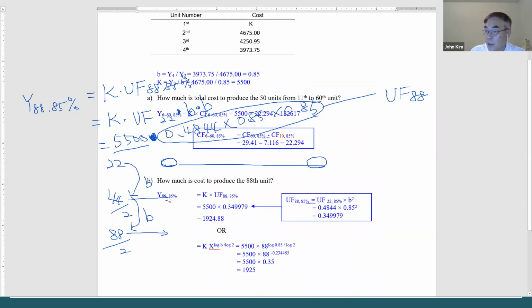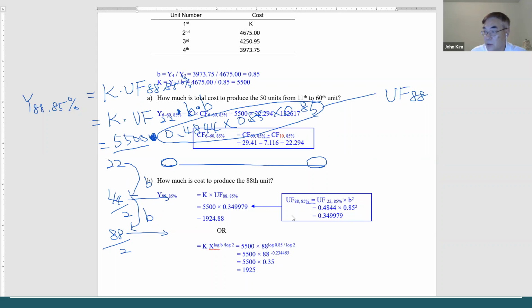Y 88, 85%, K times unit factor 88. Unit factor 88 we cannot find. So divided by 2, 44. Still cannot find it. Divided by 2, 22 we can find. The 22 is 0.4844 times 0.85 once and twice. So 0.85 squared equals 0.349979.